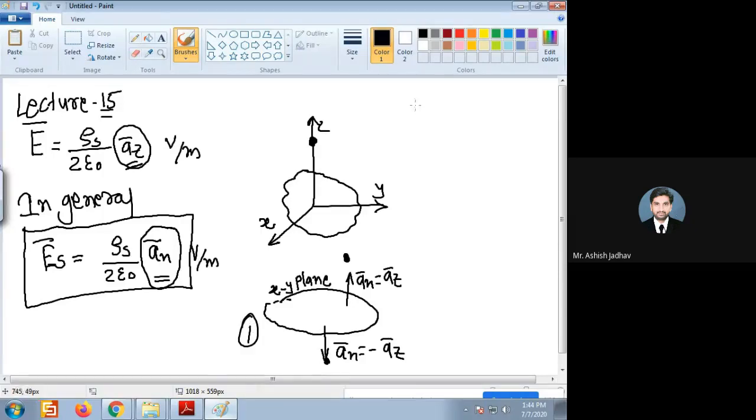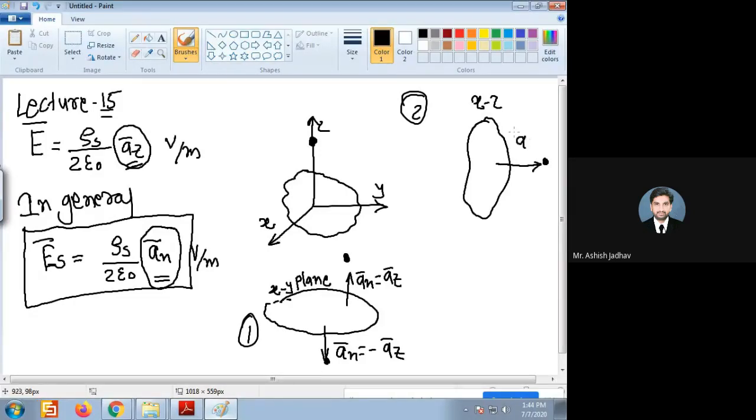Scenario number 2. Let us assume we have a surface on the xz plane. So this is the xz plane, right? Suppose the point where you want the electric field intensity is here, and this is the direction of the normal.